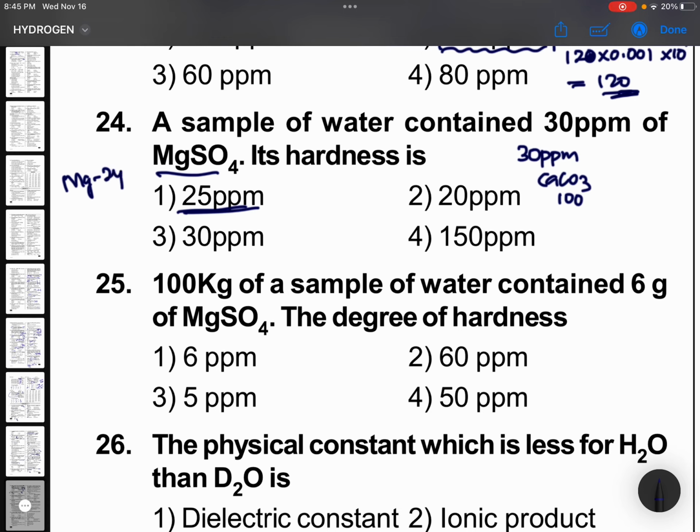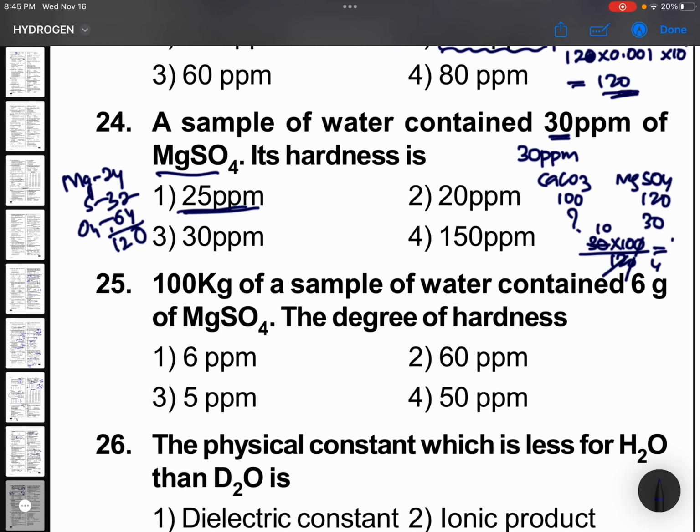Magnesium is 24, sulfur is 32, four oxygens 64, so 120. So magnesium sulfate molecular mass is 120, right? So when this is 30, how much is it? Because you need to define it in terms of calcium carbonate: 30 into 100 by 120. 10 times 3 fours are 100 by 4, which is nothing but 25.